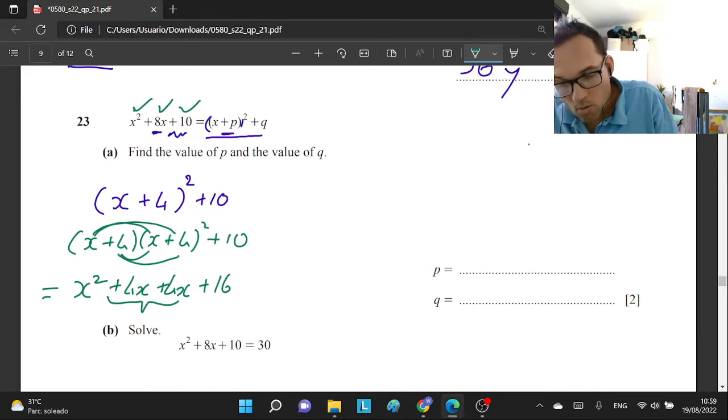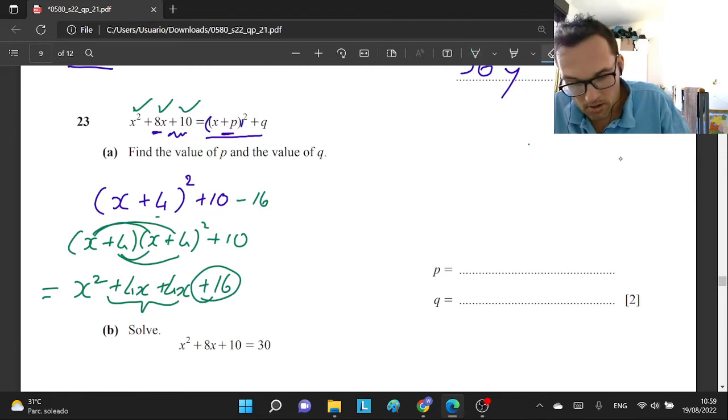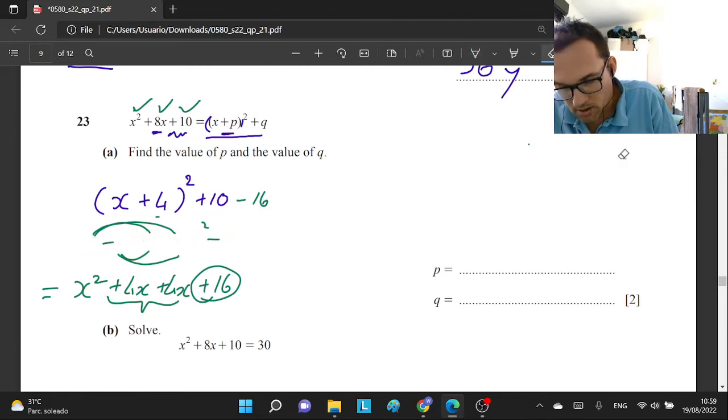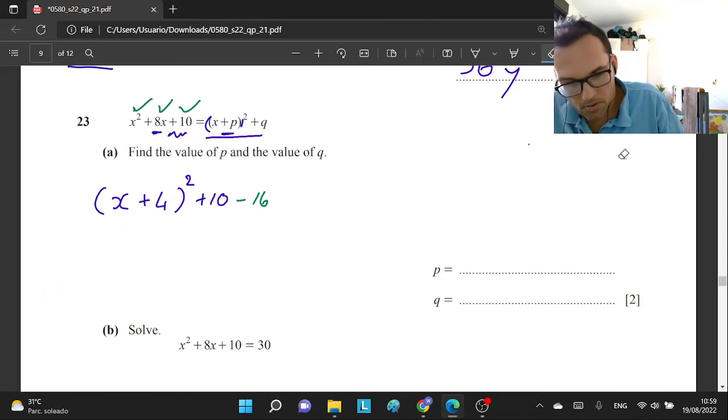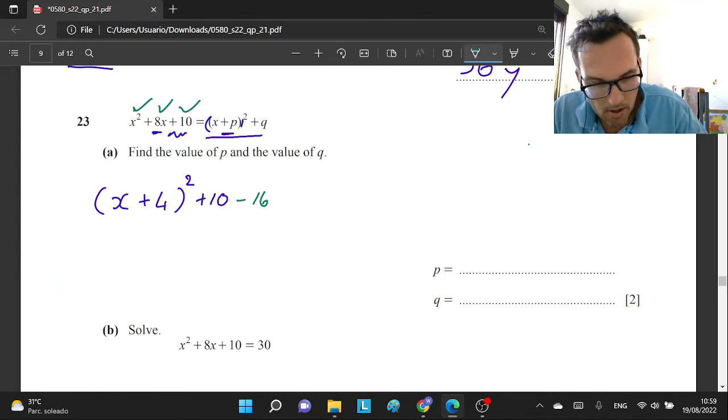That's why when we complete the square, we need to take that 4, square it, and subtract it at the back. So that 16 will cancel out this 16 at the end. And we'll have exactly what we got in the question. Okay, so we've done that now. We've completed the square. Okay, with lots of practice, you'll get really quick at this.